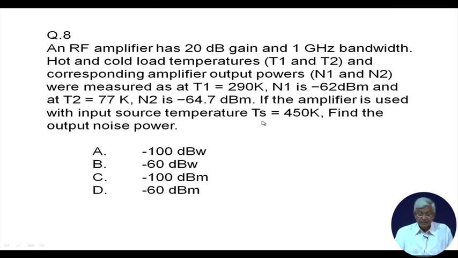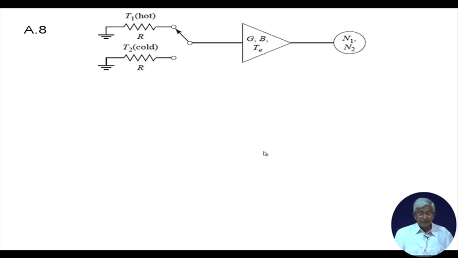For that case you have external noise coming at the input of the amplifier. You have to find out from all these measured figures the equivalent noise temperature of the amplifier itself, and the amplifier gain and bandwidth are already given. Let us see how it is done.